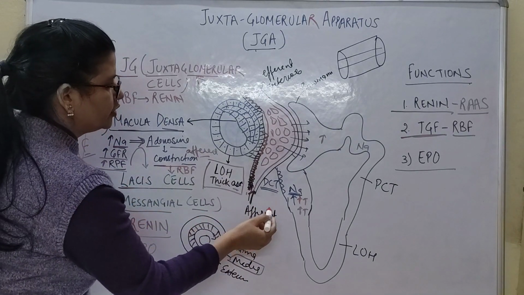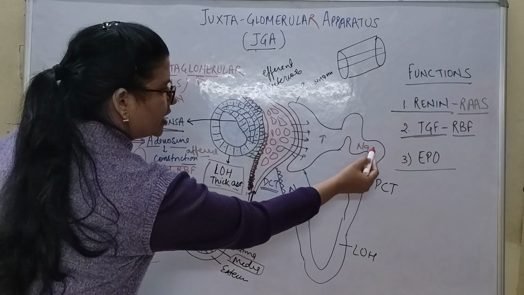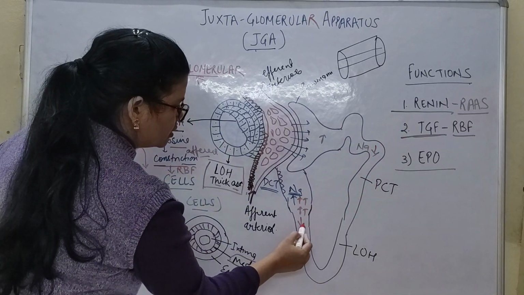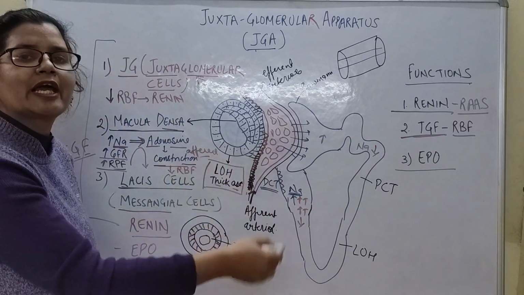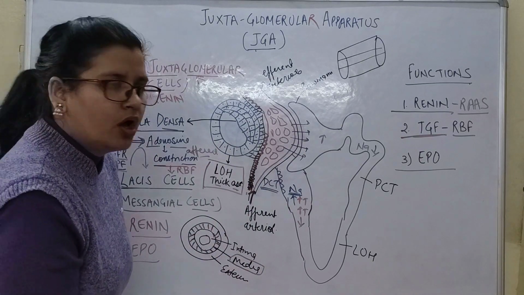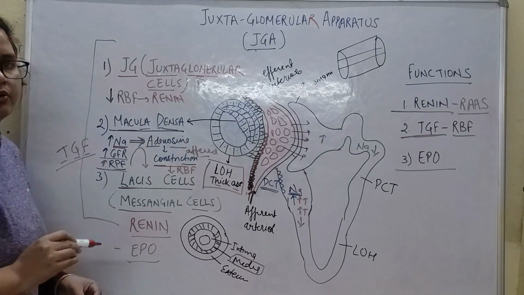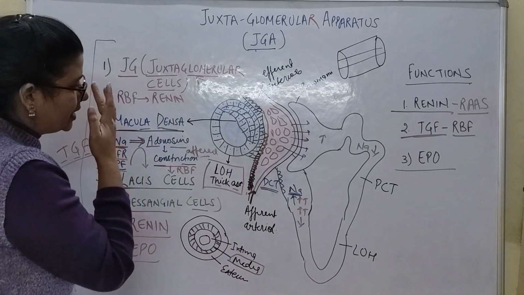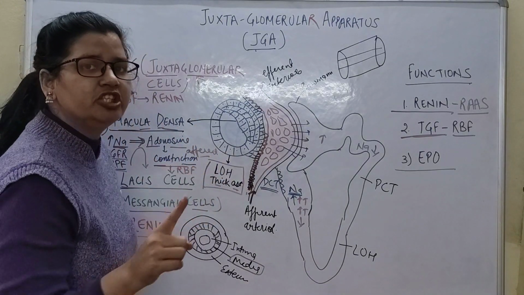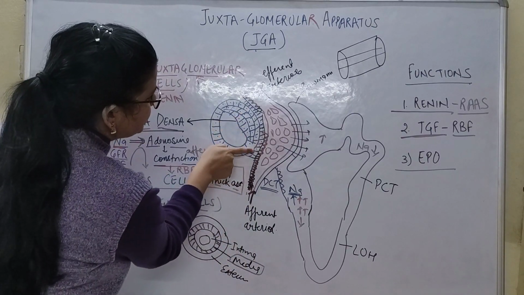Renal blood flow is reduced, GFR is reduced, and sodium concentration is reduced again. That is called auto-regulation of renal blood flow. Which cell's function is this? Macula densa.